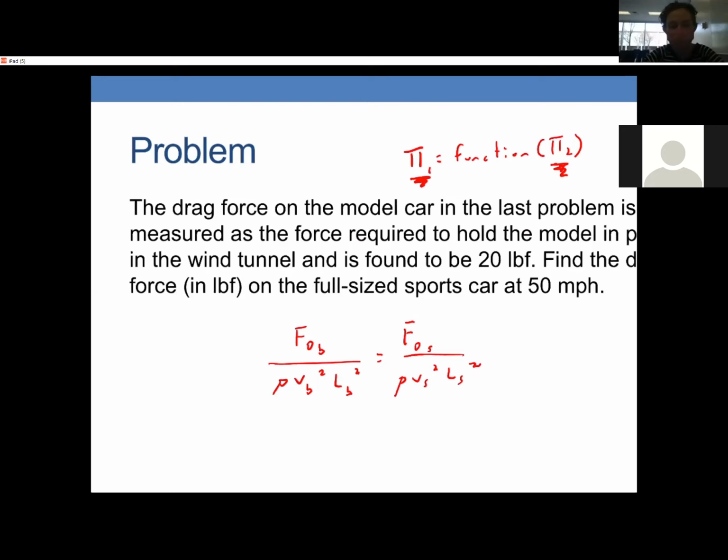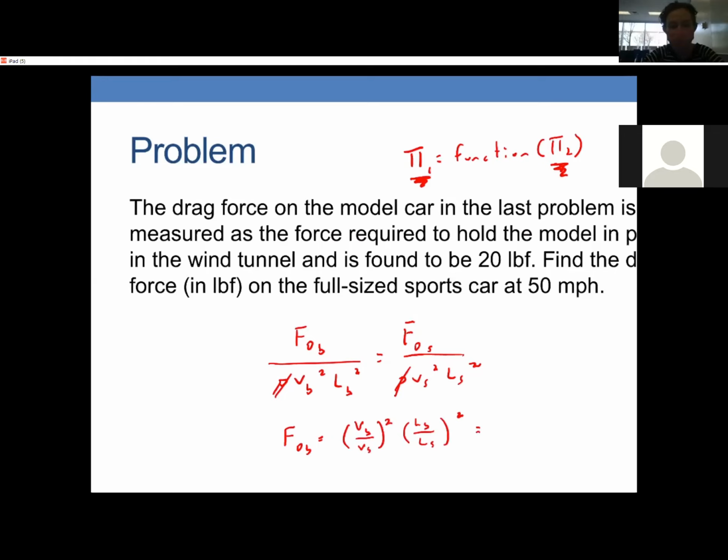Okay, so now what we can do is figure out the force on the big car. So the ratio of the velocity of the big one to the velocity of the small one, what's that ratio? Quick question.